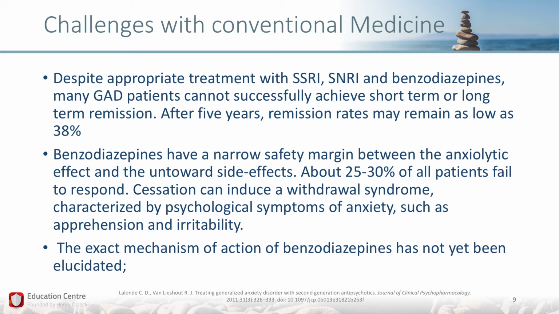About 25 to 30% of all patients don't respond at all, purely because they don't really know how benzodiazepines work. They know it works on GABA, but sometimes GABA in anxiety disorders isn't the issue. If GABA is not the neurotransmitter that's problematic or needs support in this patient, of course it's not going to work.